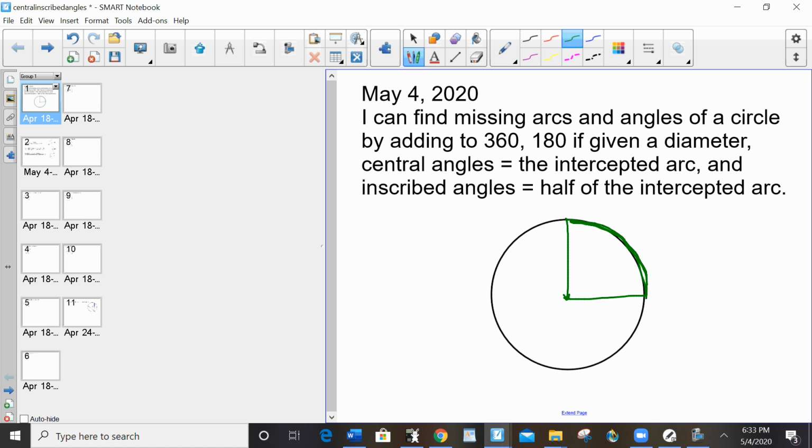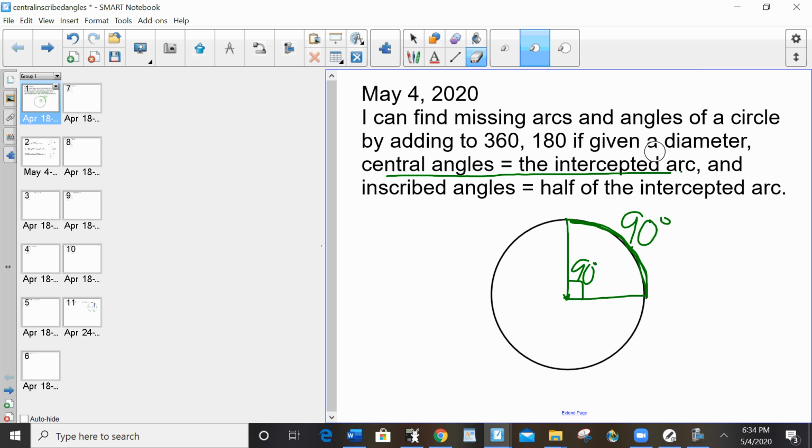Hopefully we agree that this arc is 1/4 of the circle, which means it's 1/4 of 360, which would make it 90. Look at the angle. It's a right angle. What's the relationship between the central angle and the intercepted arc? They're the same. Central angles equal the intercepted arc. So if the vertex is at the center of the circle, the angle is equal to the intercepted arc.